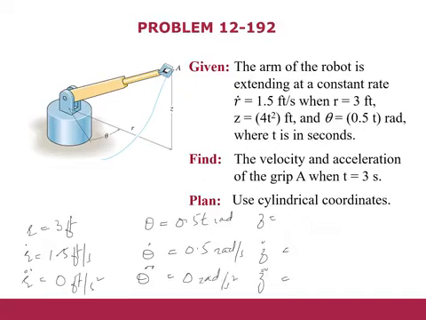Similarly z is 4t square, which is in feet. So z double dot will be 8 feet per second square. So these are the basic initial variables which we need to calculate. Now we will find out the velocity and acceleration at t equal to 3 seconds.